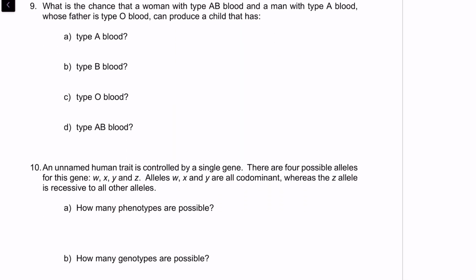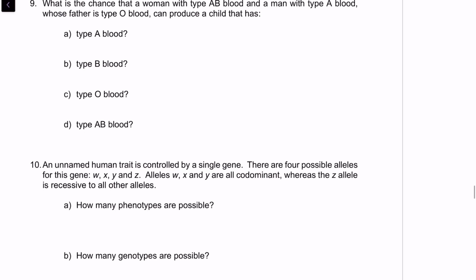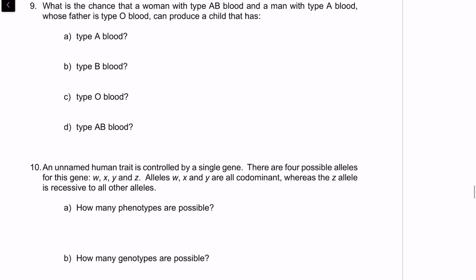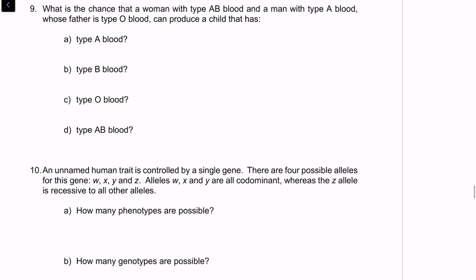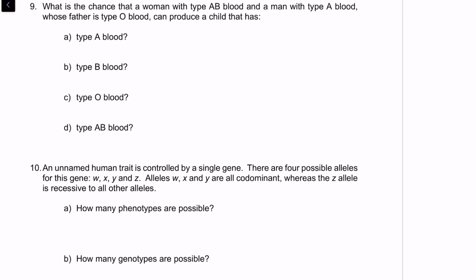Question 9. What is the chance that a woman with type AB blood and a man with type A blood, whose father is type O blood, can produce a child that has type O, A, B or AB blood? Okay, so in this case, we have some key information. We know the woman has type AB blood, so we can immediately definitively say that one of the parents has this genotype.